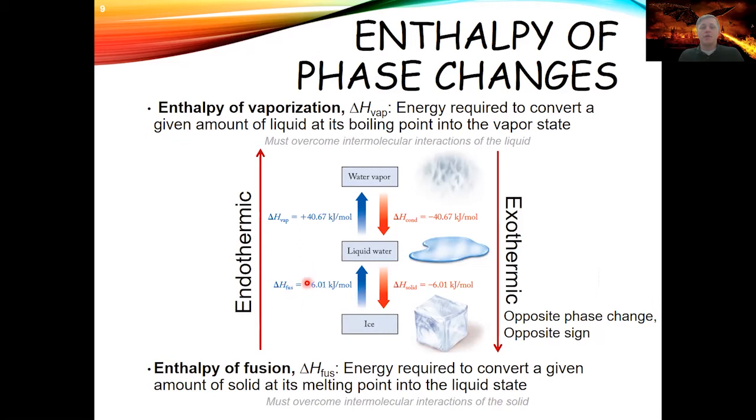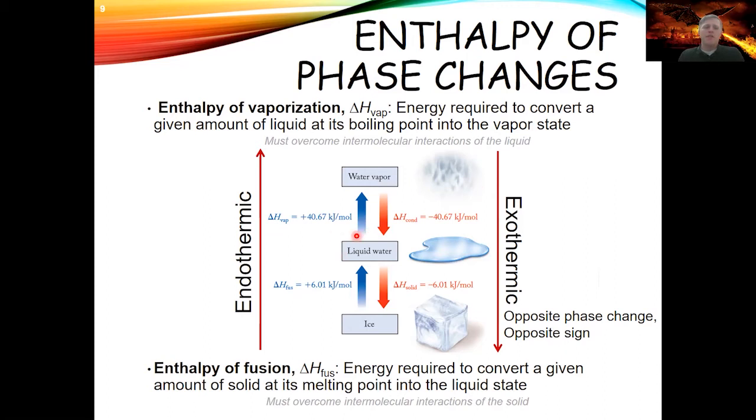I'm not entirely sure why going from a solid to a liquid is called fusion, but for some reason it is, and it's a historical reason. And then going from a liquid to a solid is going to be my delta H of solidification. There's also delta H's of sublimation and deposition. We don't usually worry about those a ton because most of the time we're dealing with things turning into liquids.